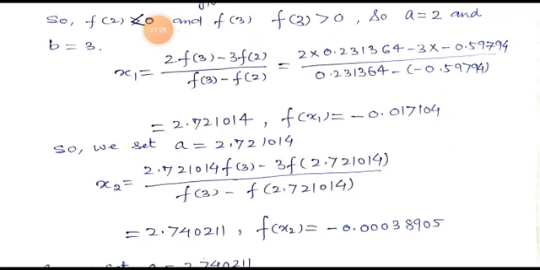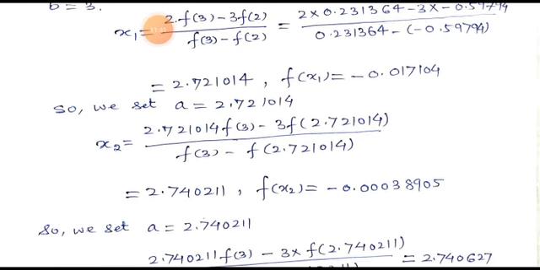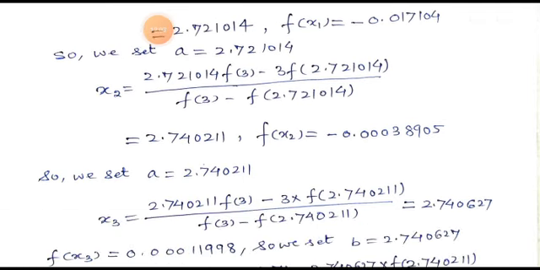After solving this expression, we get the value of x2 equal to 2.740211, and putting this value in f(x2), again we get a negative value, that is minus 0.00038905. So we set a equal to 2.740211. This is the value of a.